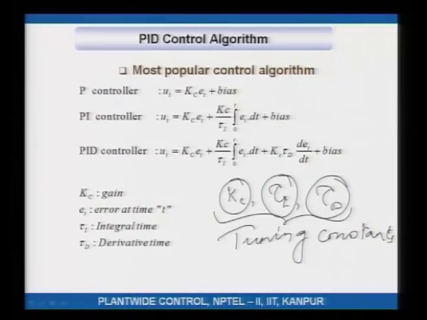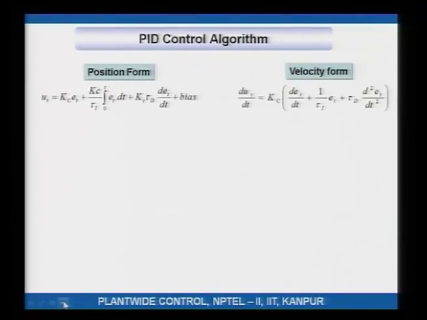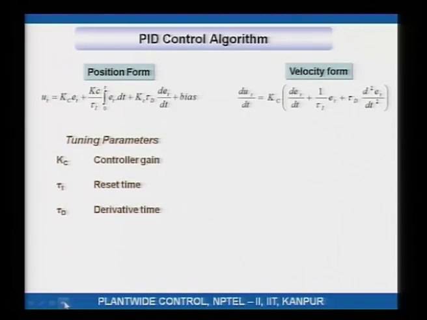These are parameters that the control designer adjusts to get the type of control performance that he or she desires. Again, I talked about the position form and the velocity form. The tuning parameters are the controller gain, the reset time, since tau I is sometimes known as reset time, and the derivative time tau d.